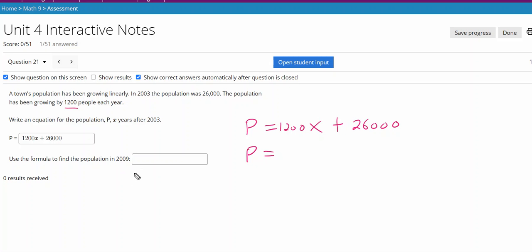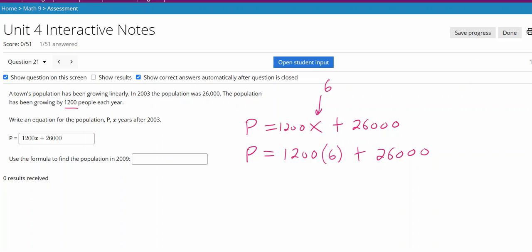Well, this was 2009, and just remember, we started in 2003. So we need to go 9 minus 3. There's going to be 6 years that have gone by. Does that make sense? So we're just going to put 6 in here. That's the number of years that have gone by. So 1,200 times 6 plus 2,600.